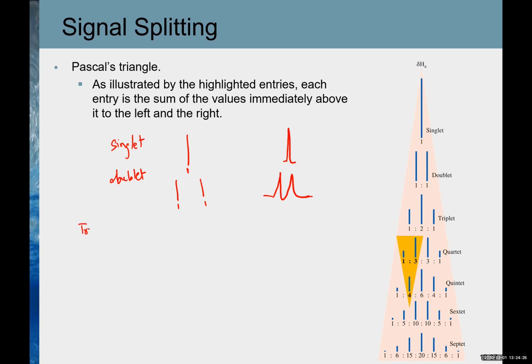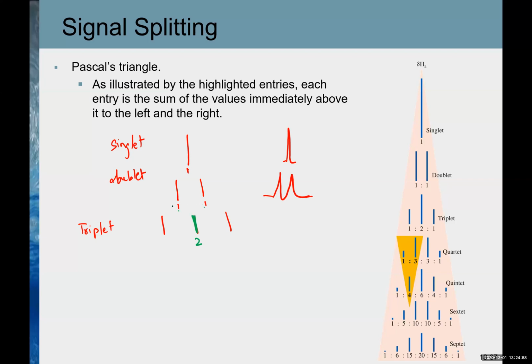When there is triplet, okay. So what we do is we draw 3 lines. That's triplet. But now we need to figure out the intensity. So the way to calculate the intensity is we look at the lines. So this line is in the middle of these two lines. So we add these two numbers. That's 1 and 1. So when we add them up, this number comes out to be 2.